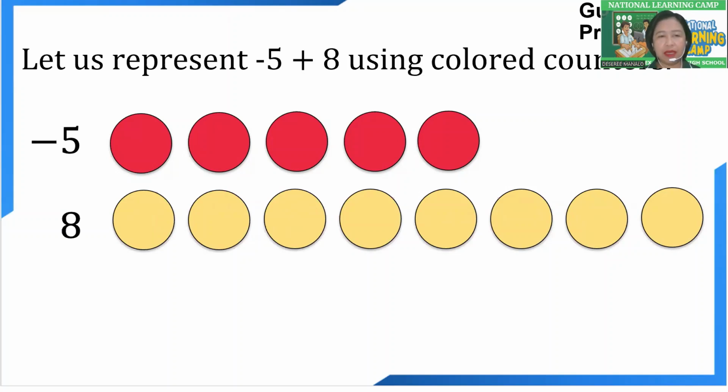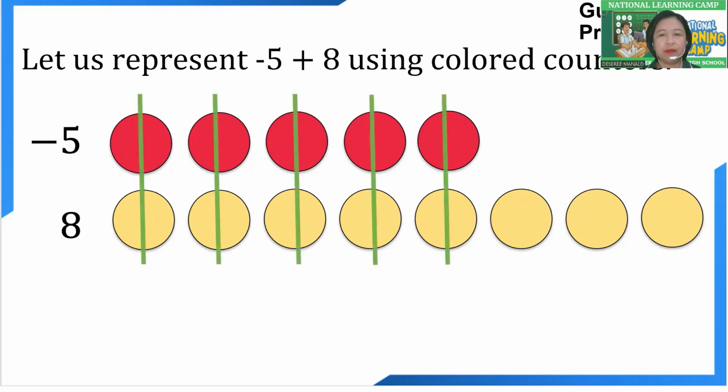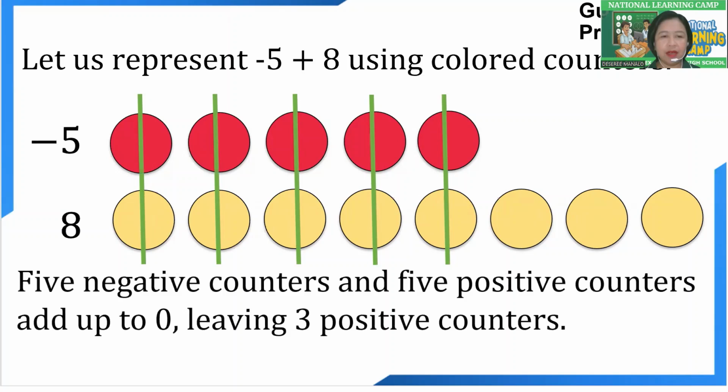If we combine the red and yellow, we will have 5 pairs. Therefore, 5 negative counters and 5 positive counters add up to 0, leaving 3 positive integers.